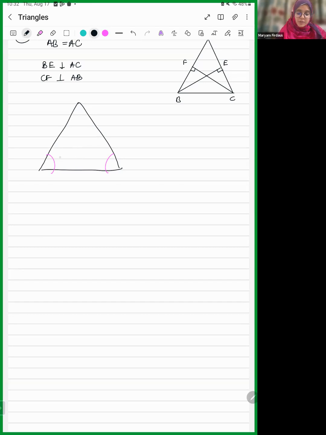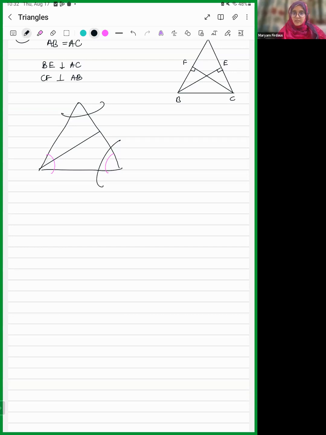If an altitude is dropped from here, you cannot say that it will become the median in an isosceles triangle. For it to become a median, the two other angles should be equal.